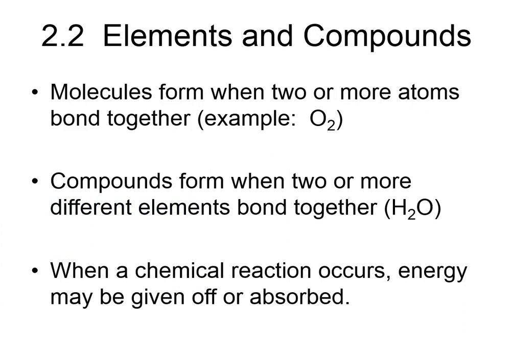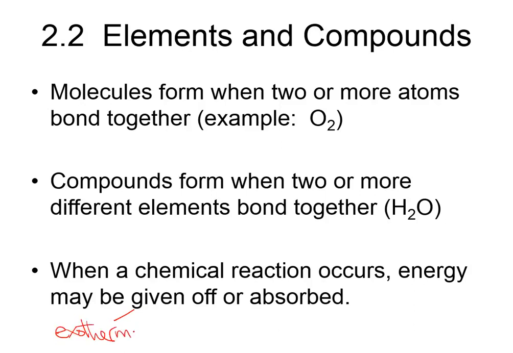Normally, these elements and compounds form through chemical reactions. So when we talk about the chemical reactions, normally a chemical reaction will release energy or absorb energy. So the chemical reaction that gives off energy is known as exothermic. So take note of this.